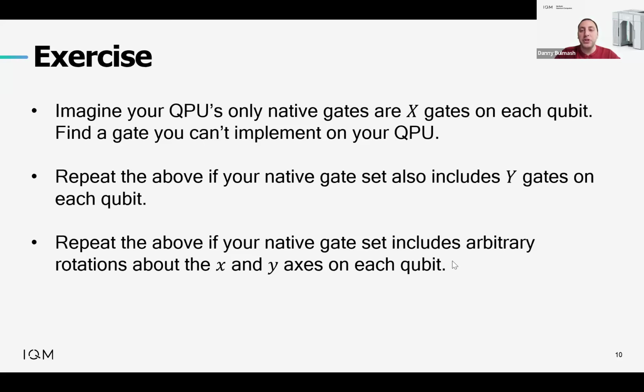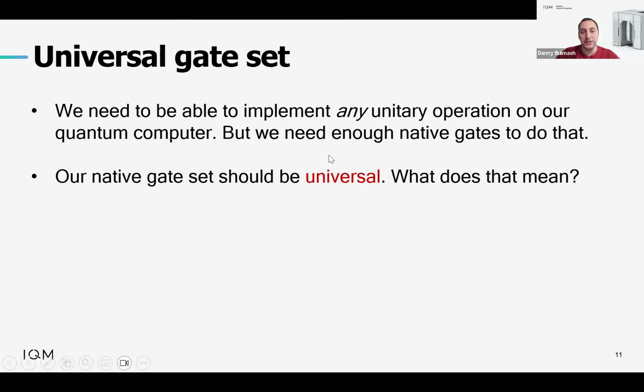We need to be able to do any operation we want, and depending on the hardware, we have to make sure that we have enough gates that we're actually able to do any operation we want. So what that means is that our native gate set, the list of gates that is native, should be what's called universal. What does that mean?